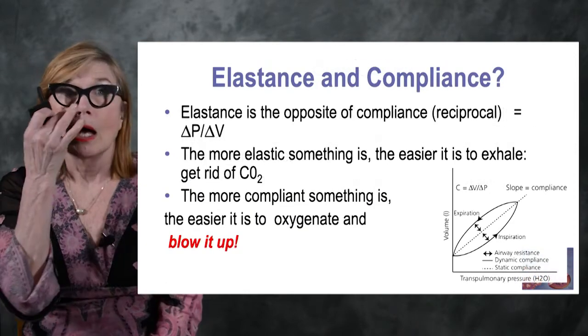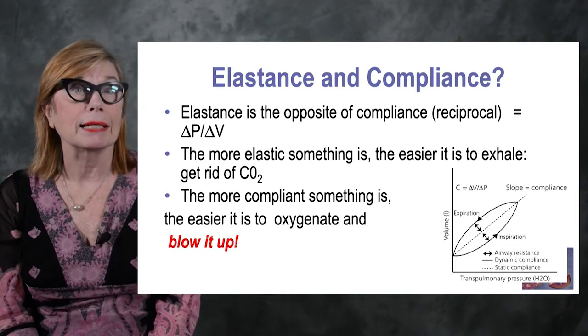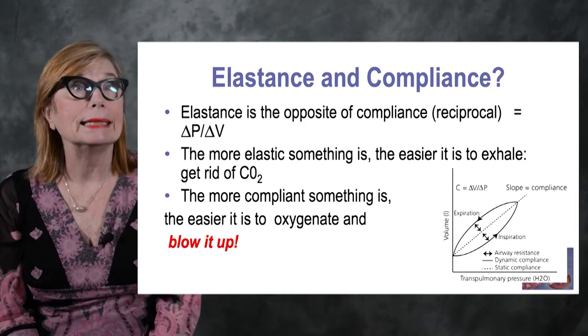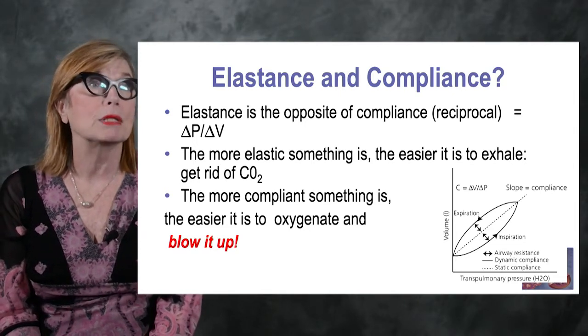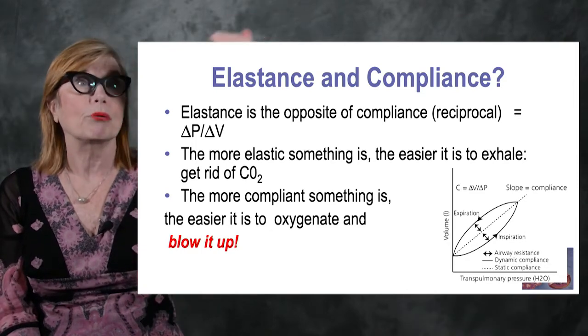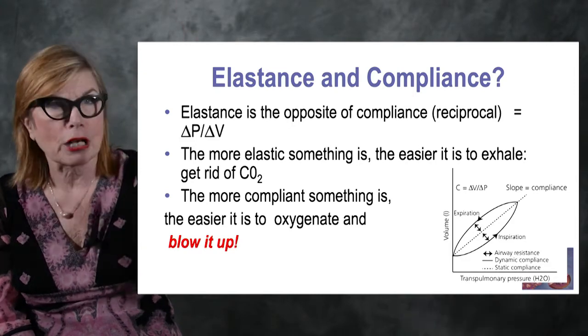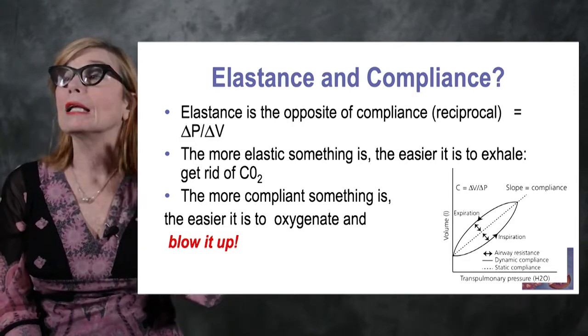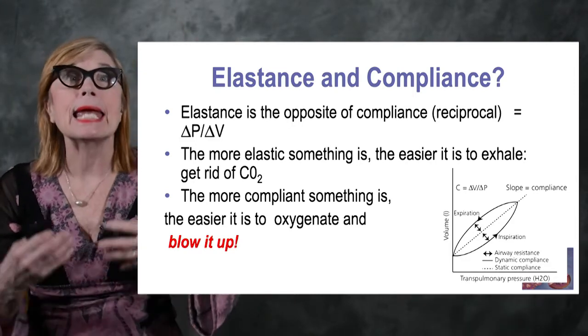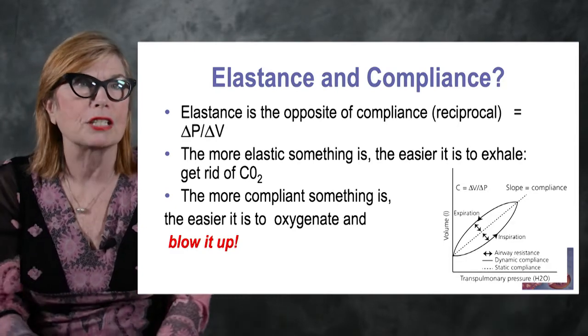So, elastance and compliance. Elastance is the opposite of compliance. It's the reciprocal, and it's the change of pressure over the change in volume. As volume goes out, then the pressure decreases. The more elastic something is, the easier it becomes to get rid of our CO2.